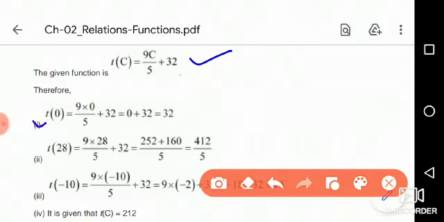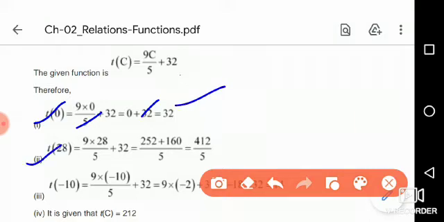Therefore, we are going to calculate T of 0. Replace C as 0 in our given equation in terms of variable C. T of 0 is equal to 9 into 0 divided by 5 plus 32. That gives 0 plus 32, which is nothing but 32.